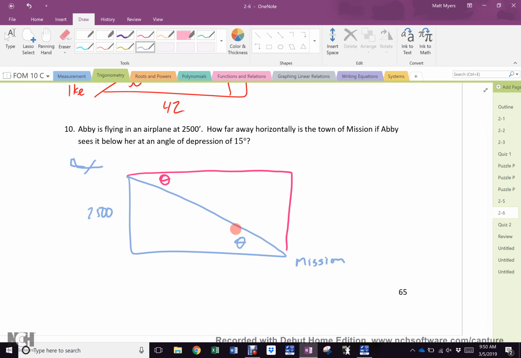So you could either use the red or the pink triangle or the blue triangle. Some people will say, well, Mr. Myers, I can't use the pink triangle because I only have one piece of information. I only have a theta, but that's not true. Because if this is 2,500 in a rectangle, what's this? 2,500. And now I have my two pieces of information for both triangles.